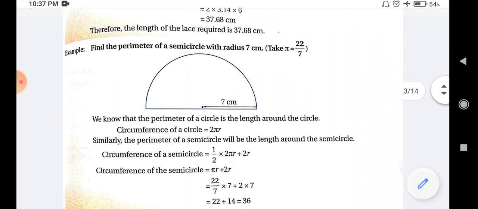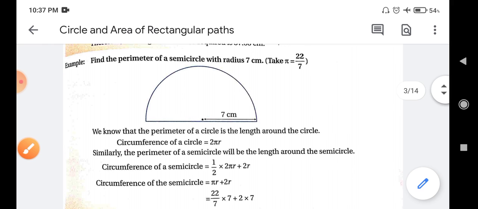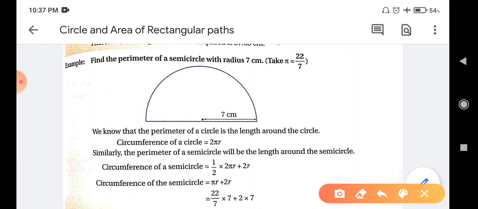Next example is find the perimeter of a semicircle with radius 7 centimeter and take pi is equal to 22/7. Here we have to take value of pi as 22/7. Here is a semicircle, radius is 7 centimeter and we have to find its perimeter. Perimeter will be the whole length of the boundary, that is this one and this one.